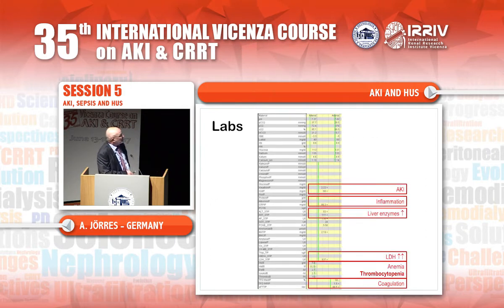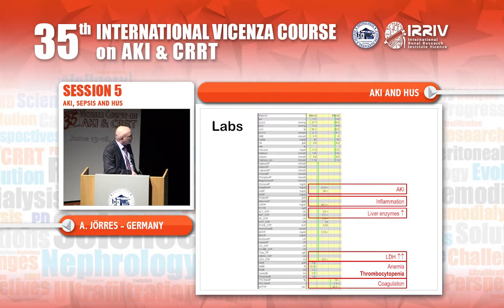These are the labs when she was admitted. Signs of AKI with a creatinine of 2.2, inflammation markers, elevated CRP, somewhat increased liver enzymes, but a strongly elevated lactate dehydrogenase, signs of anemia, leukocytopenia, and also profound thrombocytopenia with only 10,000.